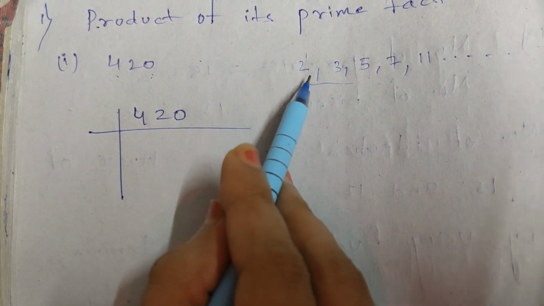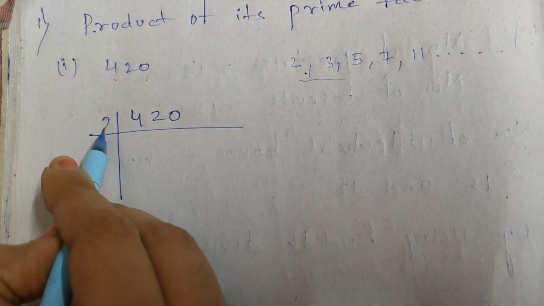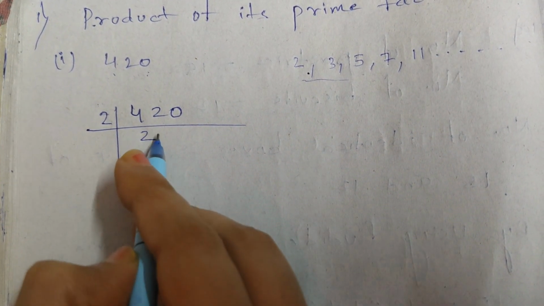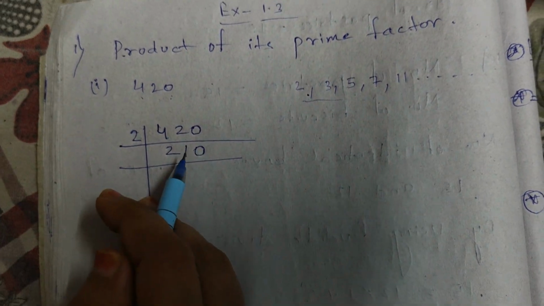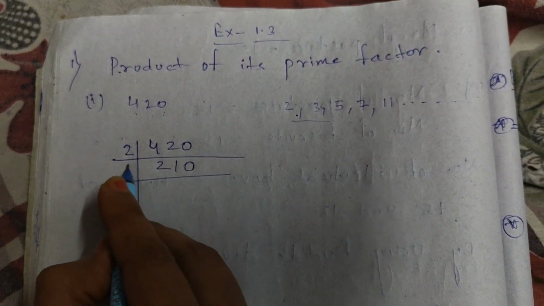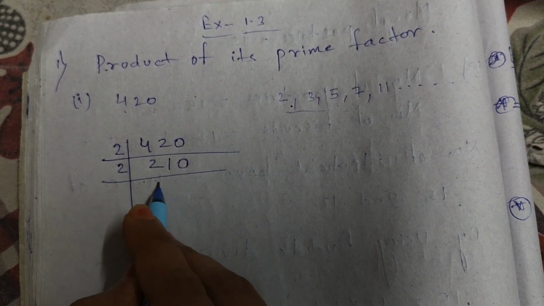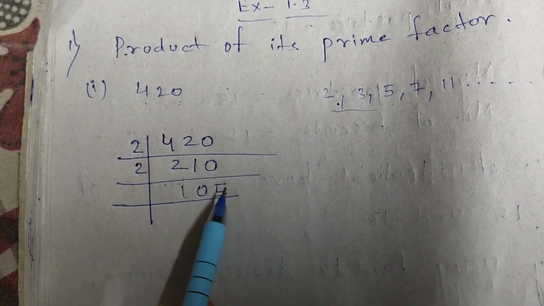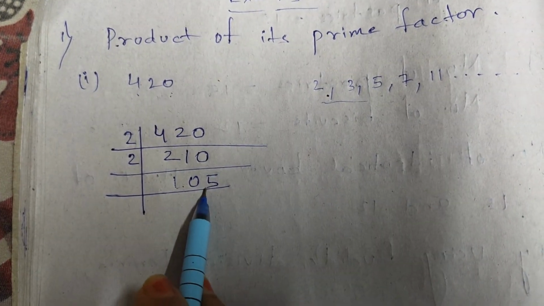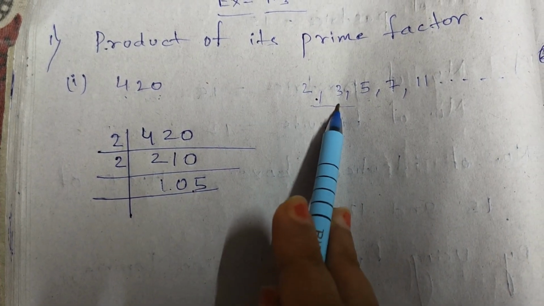If we divide by 2, then again by 2, here we get 105. Now 105 is not divisible by 2, so we check with 3.